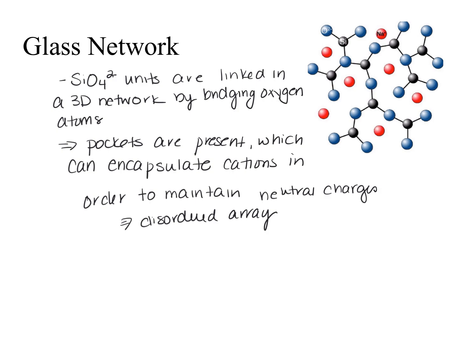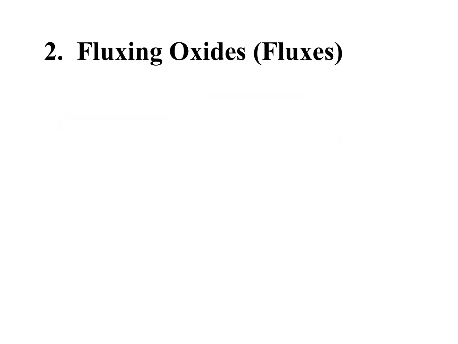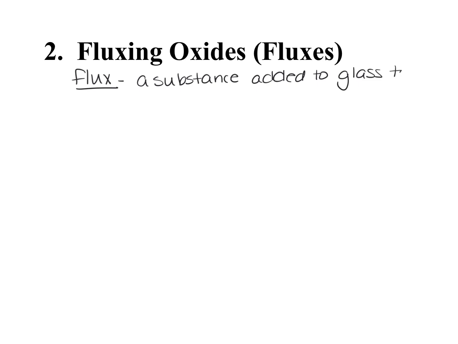Now, our second type of oxide are fluxing oxides. And so I want us to define flux really quick. Flux is just a substance added to glass to lower the melting point, and I'm going to abbreviate that as MP, and modify properties.